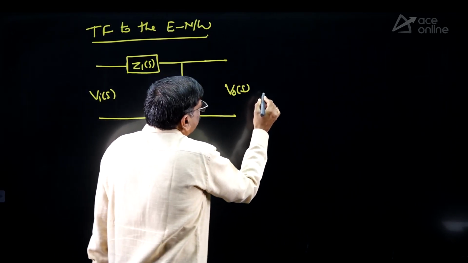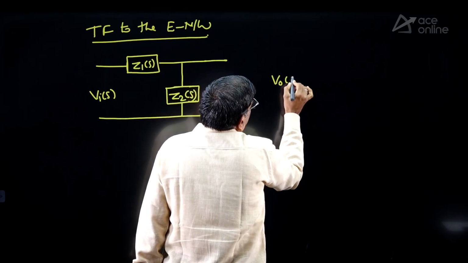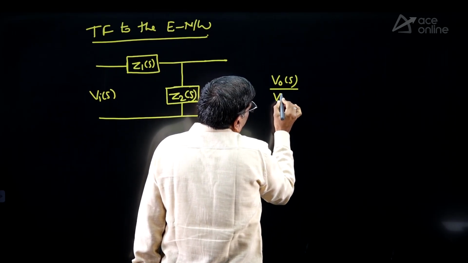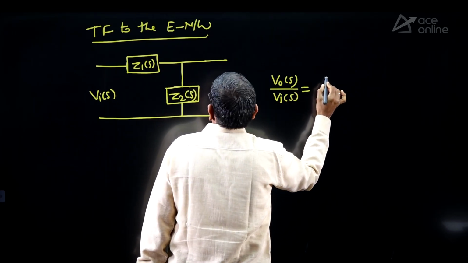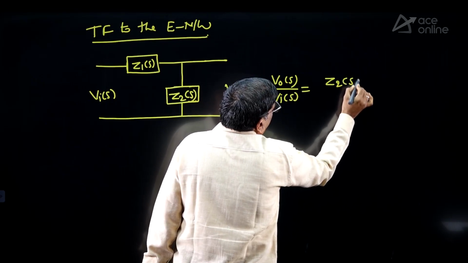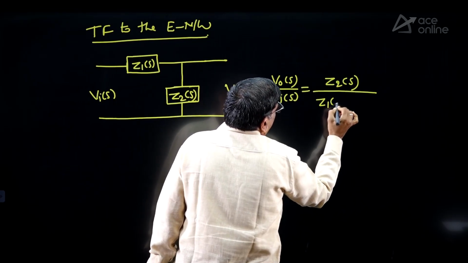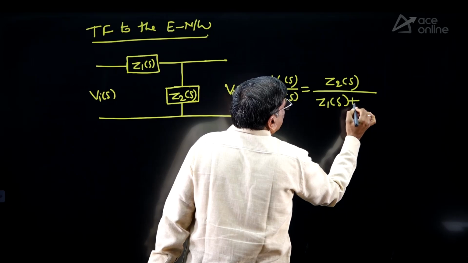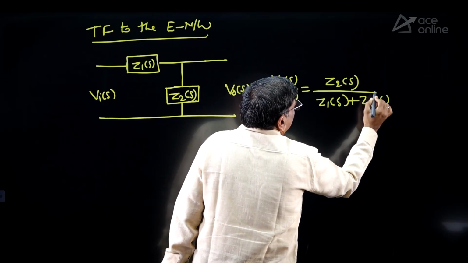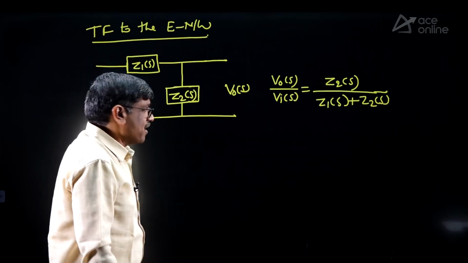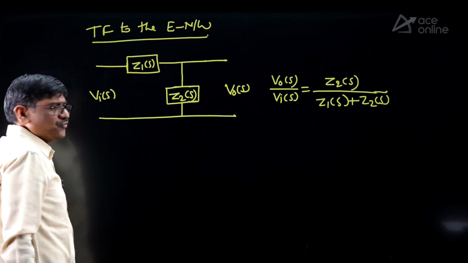So simply, transfer function equal to what? Impedance across output by total circuit impedance. That means Z2 of S by Z1 of S plus Z2 of S. Yes or no? This is the transfer function if you give the Z1, Z2 form.